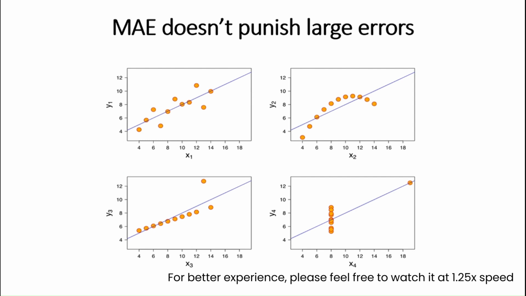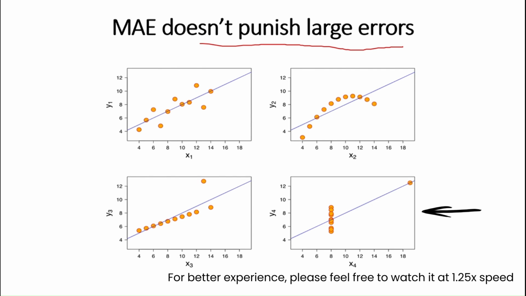Now the problem with mean absolute error is it doesn't punish large errors. Look at these 4 different data sets here: x1 y1, x2 y2, x3 y3, x4 y4. You can see these are 4 completely different data sets, but the line of best fit is exactly the same for all 4 of these. For this one, it seems to be a good fit, with the mean error being a small value. But if you compare that with this and you try to predict, it won't give a very good answer, right?